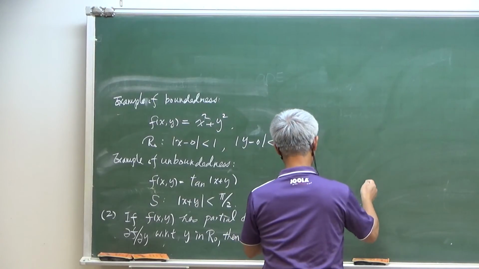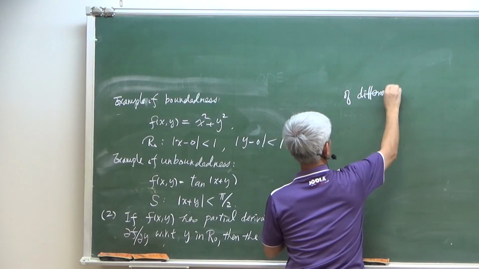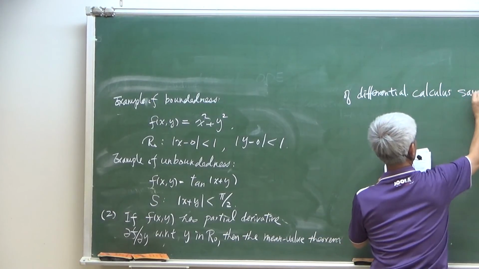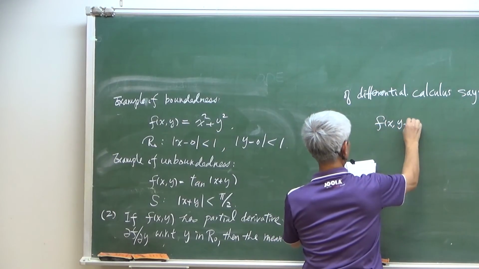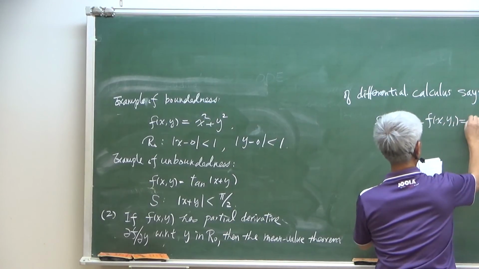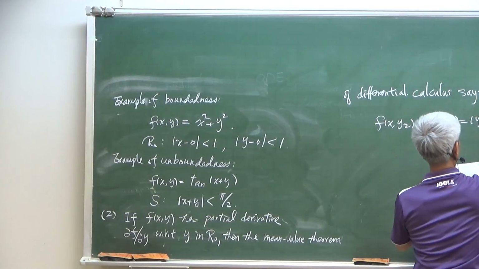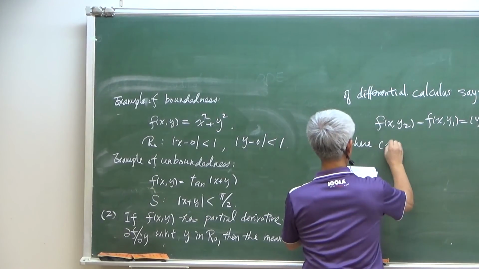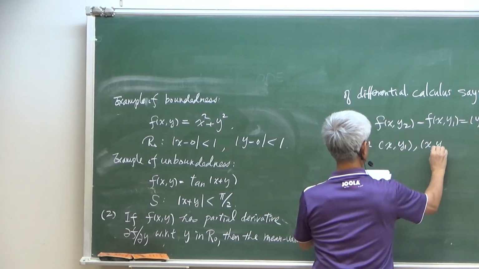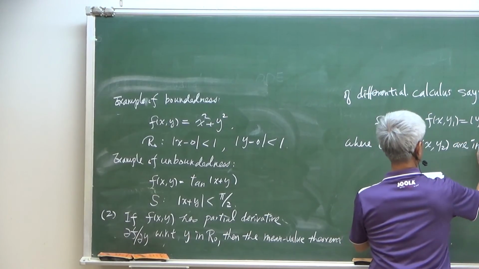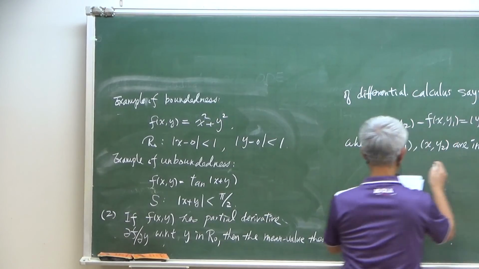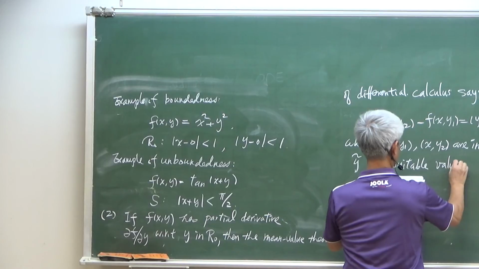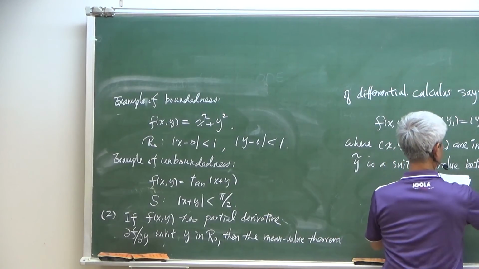of differential calculus says f of x, y2 minus f of x, y1 equals y2 minus y1 times the partial derivative of f at x and y delta, where x, y1 and x, y2 are in the open rectangle and y delta is a suitable value between y1 and y2.